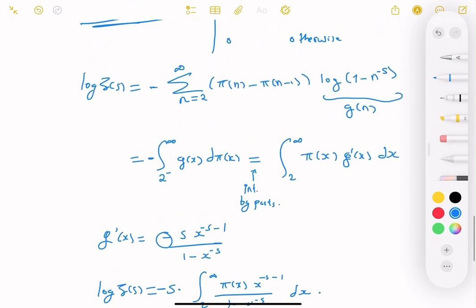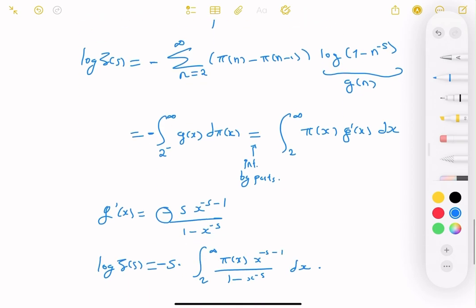Maybe just for completeness, let me note that over here we use the fact that pi of 2 minus is 0, because there are no primes strictly less than 2.